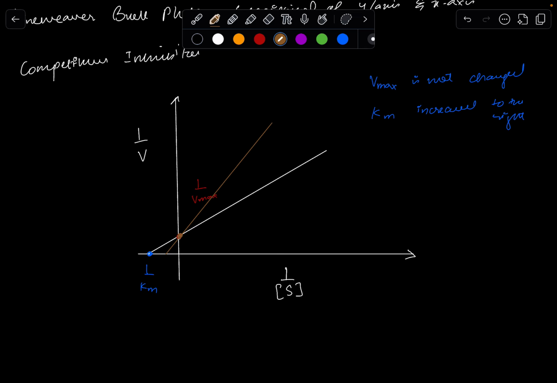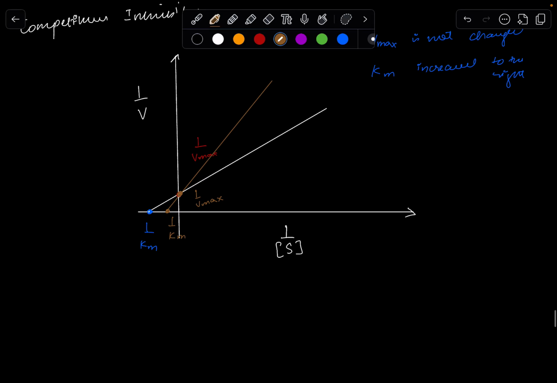It will go through the same 1 over Vmax, but the Km has shifted to the right. Now why is this? This is the new Km, right? Which I will write down in brown so that it's differentiable. Why is it moving to the right, closer to the 0?